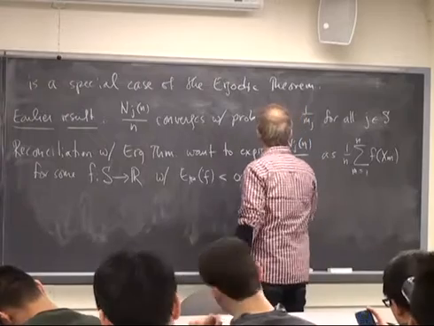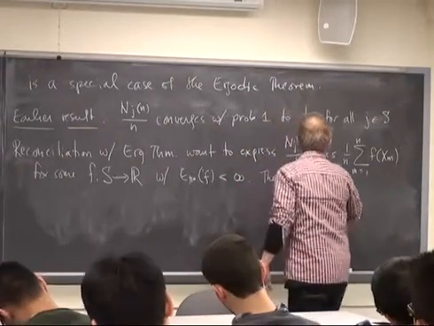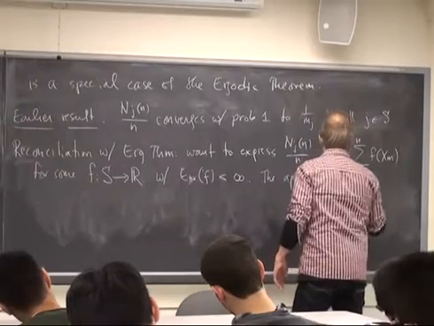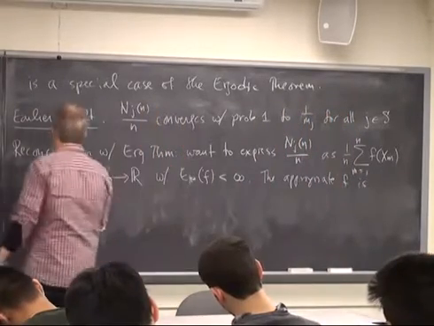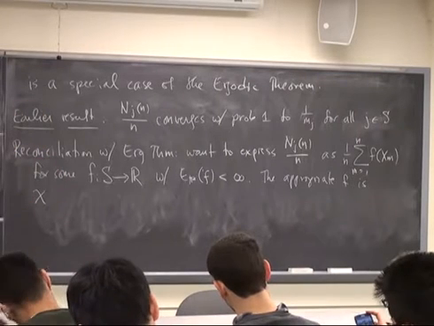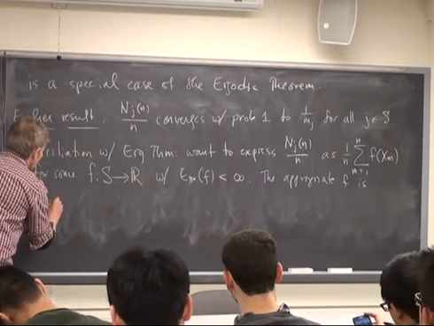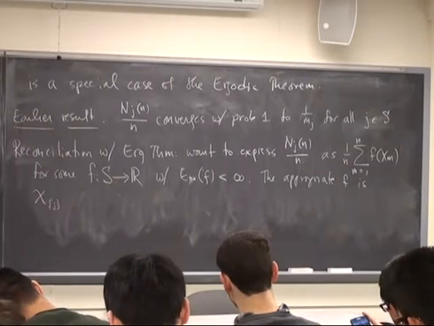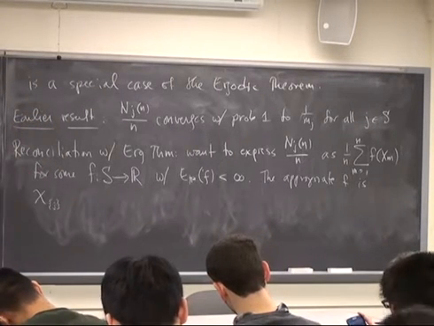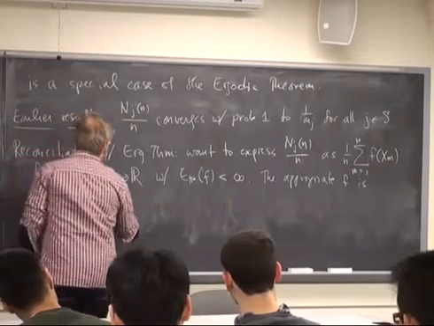So the appropriate f here is what I call chi_j. Chi is like a slightly bigger script x. Chi sub the set consisting of j. What does that mean? This is a function from S into the reals.